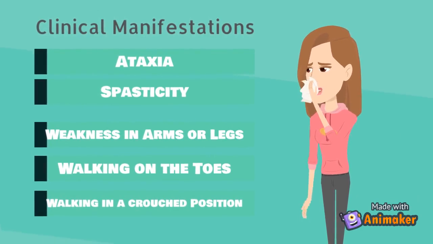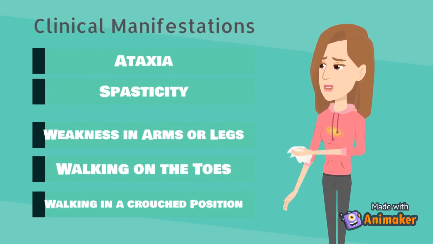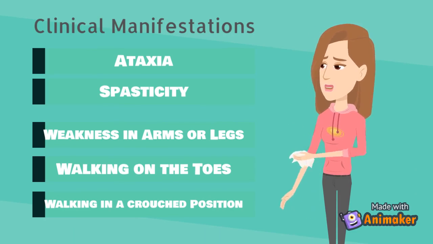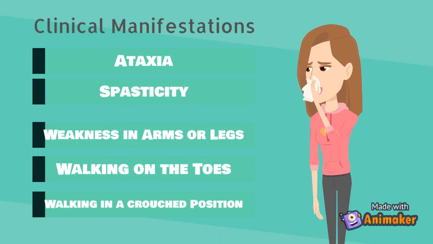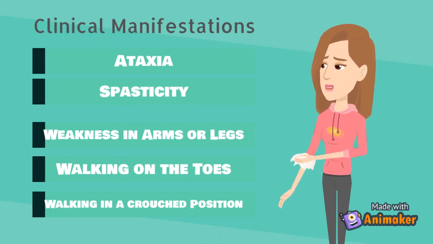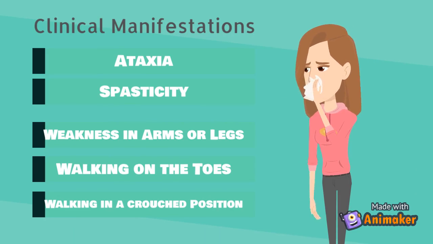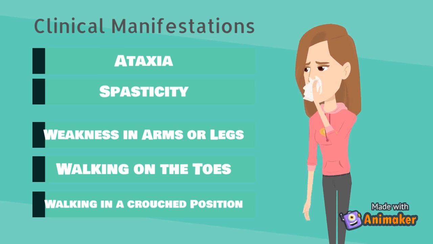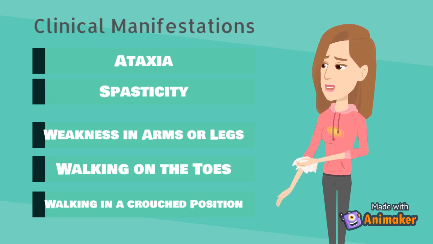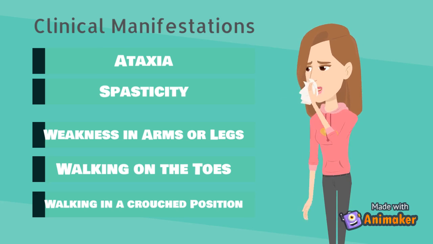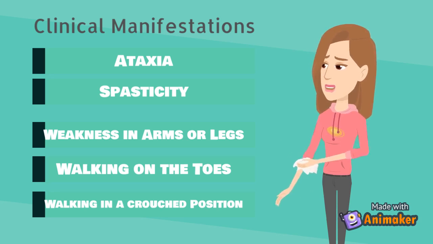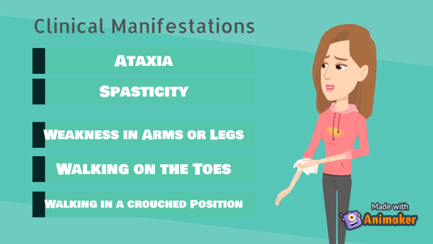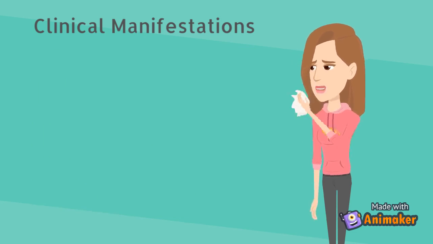Beyond the main three indicators for cerebral palsy, there are a host of other symptoms that a person can have, and it differs from person to person. But these symptoms generally include ataxia, which is the loss of muscle coordination when making movements, spasticity, which is stiff or tight muscles, jerky, repeated movements, and stronger than normal reflexes, weakness in arms or legs, walking on the toes, or walking in a crouched position.